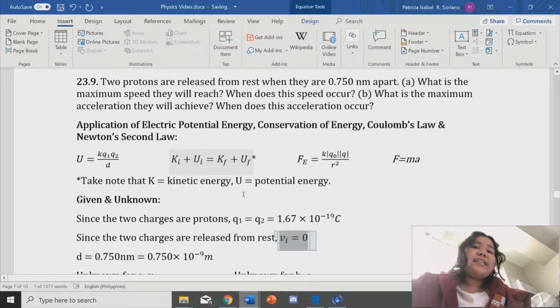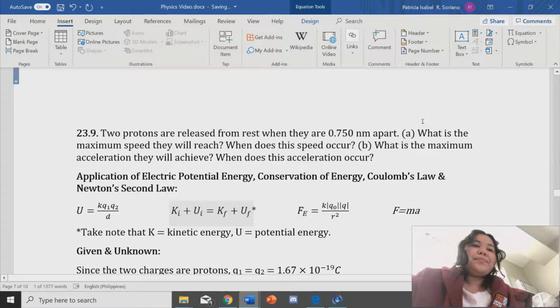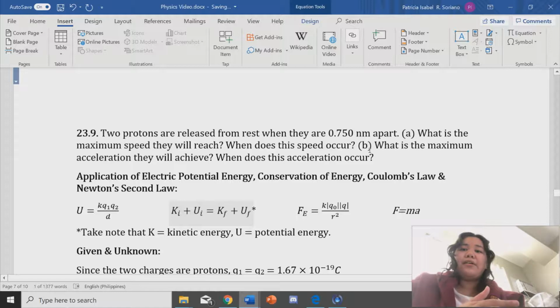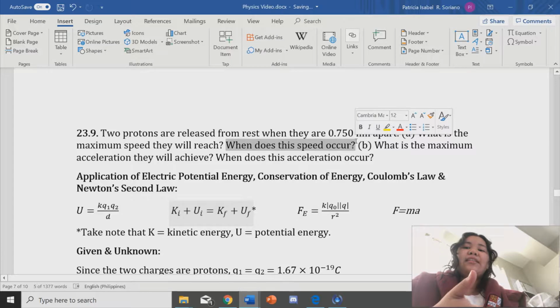Now we can identify our unknowns. For part A, they're looking for the maximum speed, so that would mean they're looking for the final velocity. And when it occurs, take note that for both parts A and B, they're not asking for a definite time value. They're simply asking for around when it will happen in the course of time.